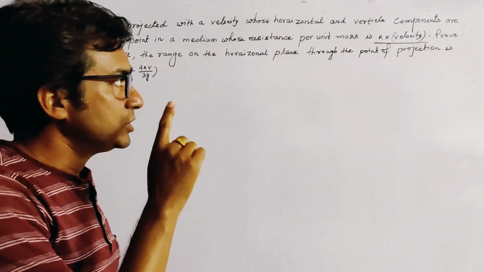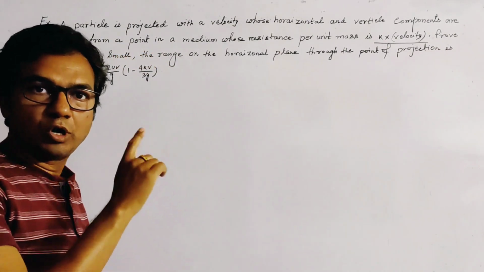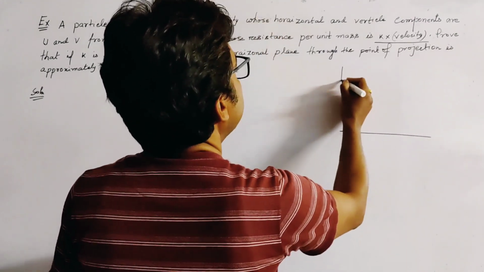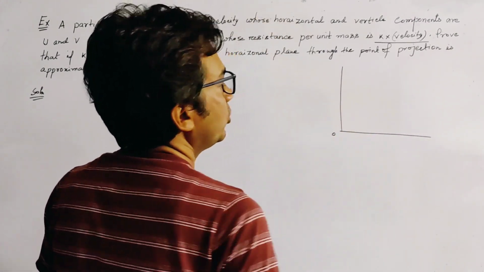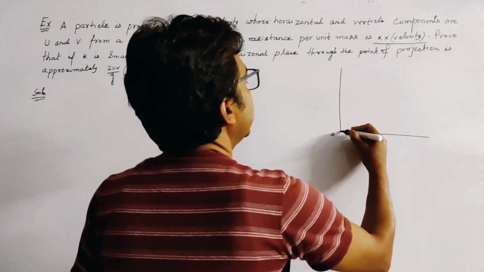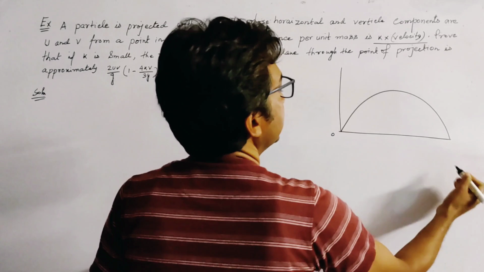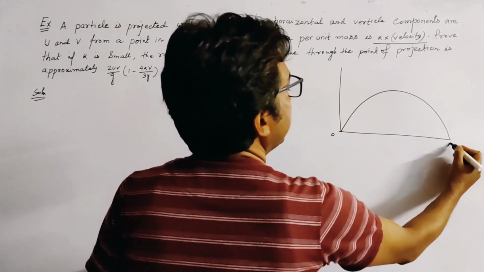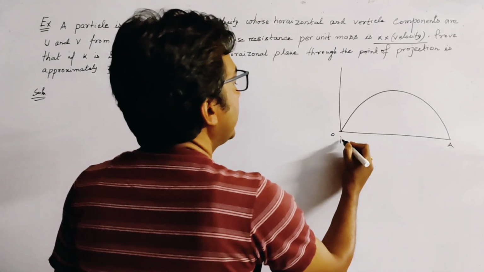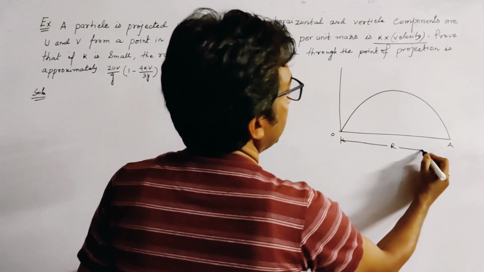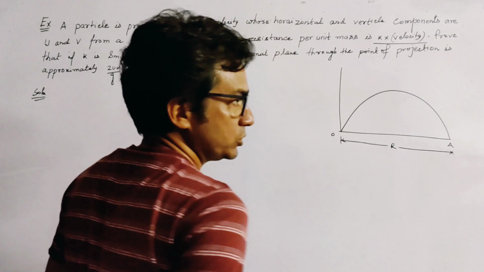Draw a rough sketch of this motion of the particle. Let this be the x-axis and this the y-axis, and O the point of projection, and the projectile path is like this. Let it be A, and OA is the horizontal range we have to find out.